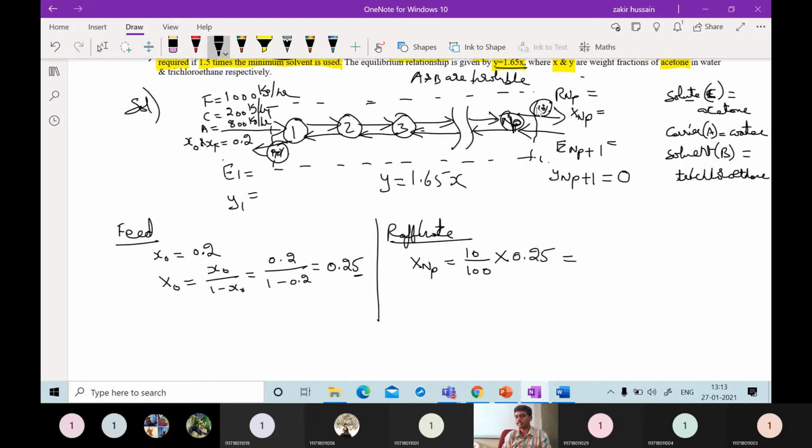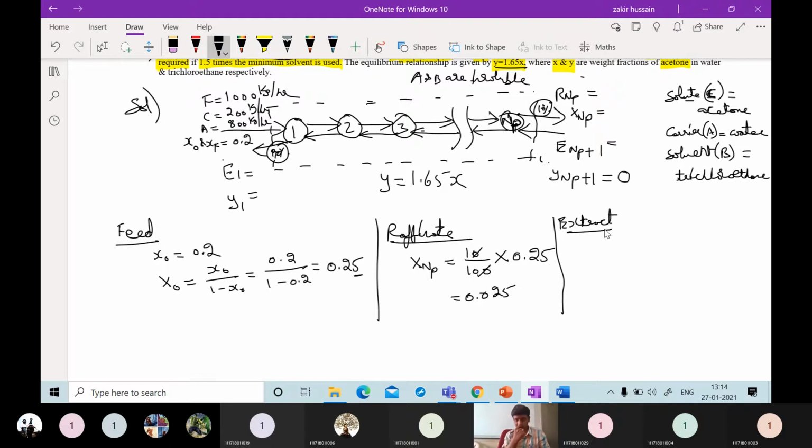Then 10% is unrecovered, so this will be 0.1 into 0.25. How much will it be? 0.025.